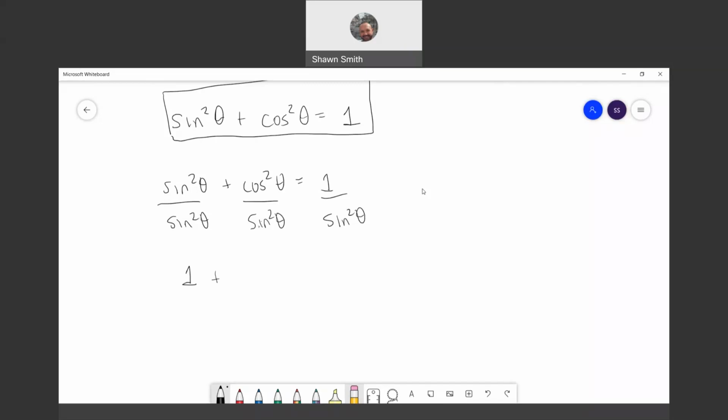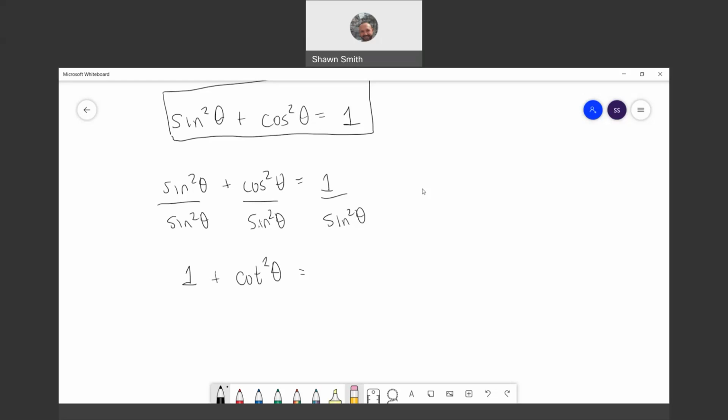Now, I haven't told you this yet, but this is another identity right here. Cosine over sine is called a quotient identity. It's a quotient of two trig functions, right? That is equal to cotangent of theta. It's cosine over sine, but this is all squared, so it's going to be cotangent squared. And 1 over sine, you know that one, that's a reciprocal identity.